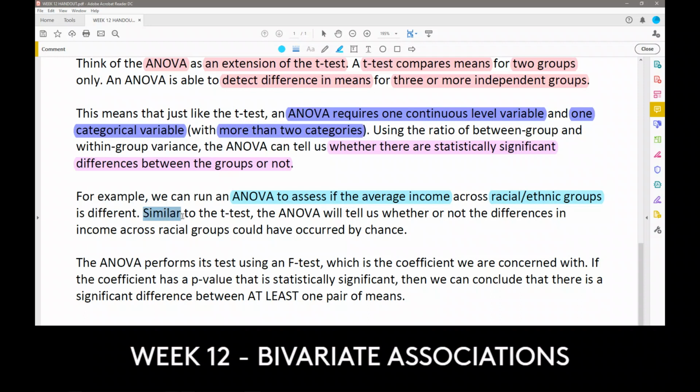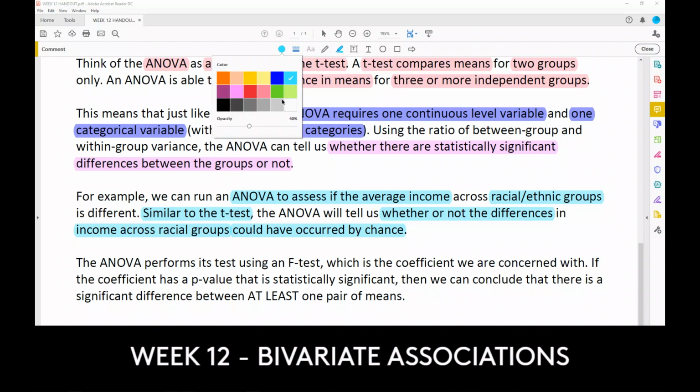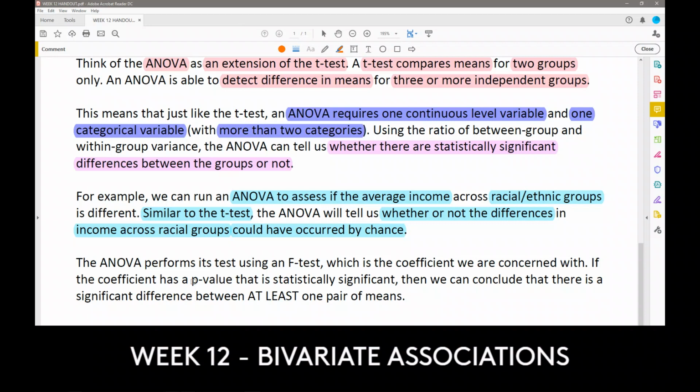Okay, and similar to the t-test, the Anova is going to tell us whether or not the differences in income across these racial groups could have occurred by chance or if there is a real underlying mechanism relating those variables together. When we perform the ANOVA, it is going to have an output similar to the t-test, and it's going to produce an f-test.